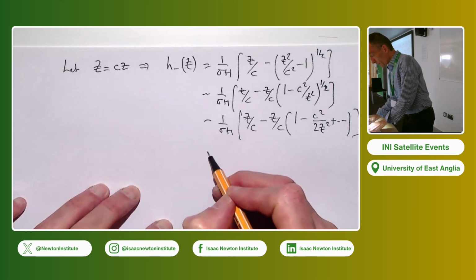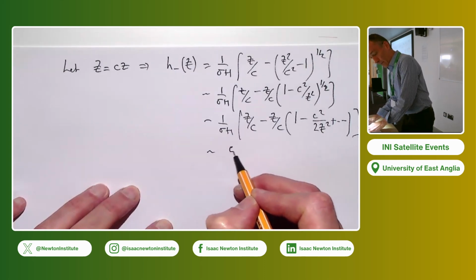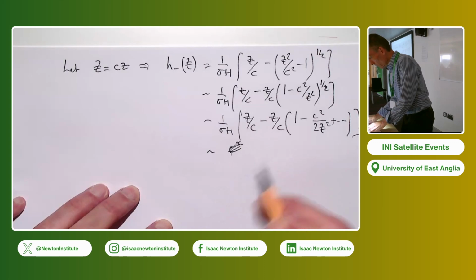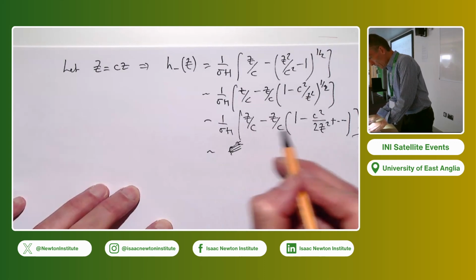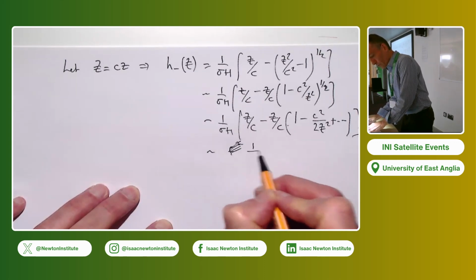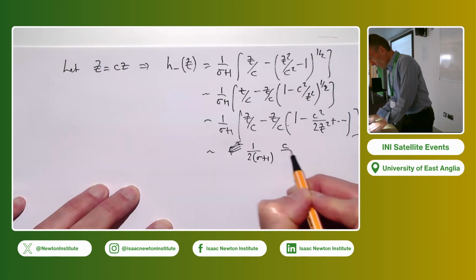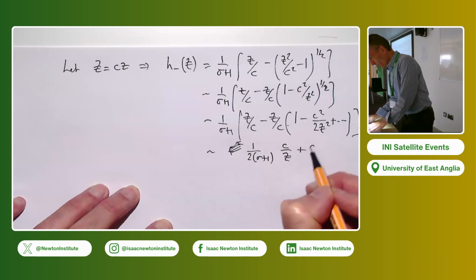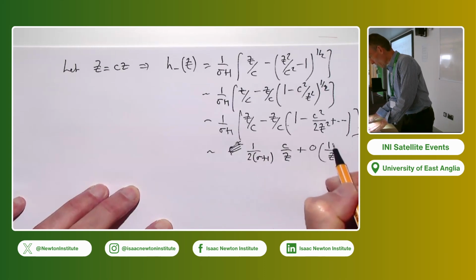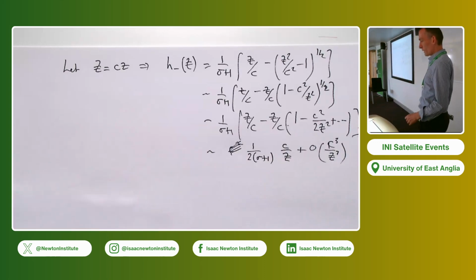So you can see that the C cancels with that C, these cancel out, and I get 1 over 2 sigma plus 1 times C over Z, plus order C over Z cubed, which dies off as capital Z goes to infinity.